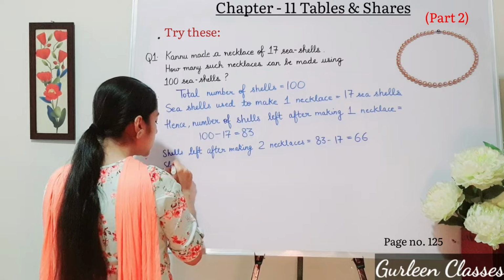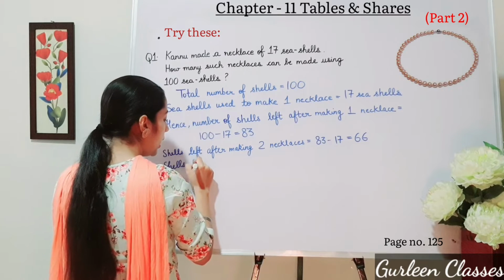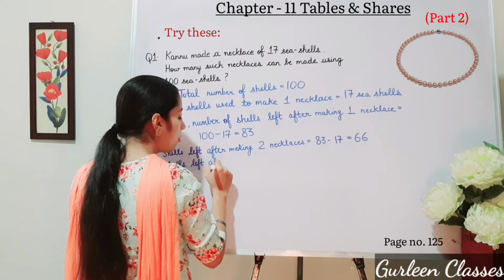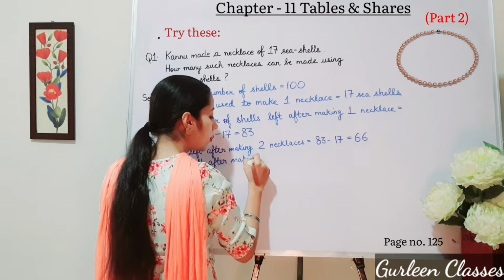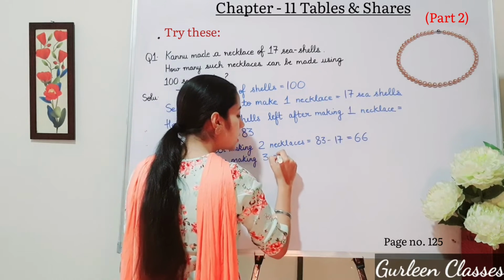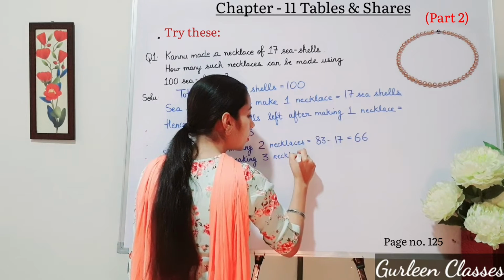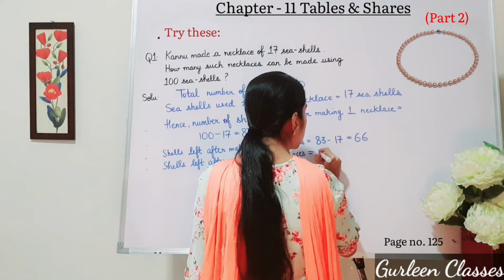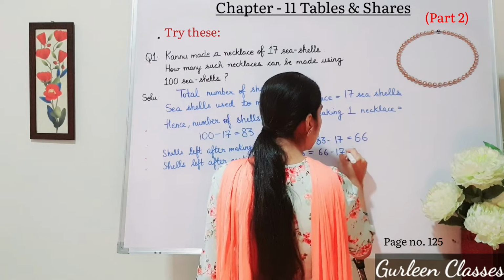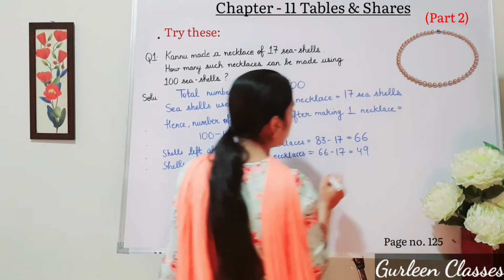So shells left after making three necklaces will be 66 minus 17, that is equal to 49.